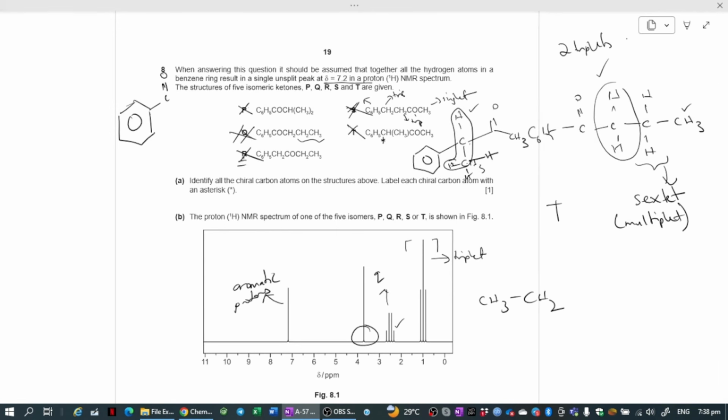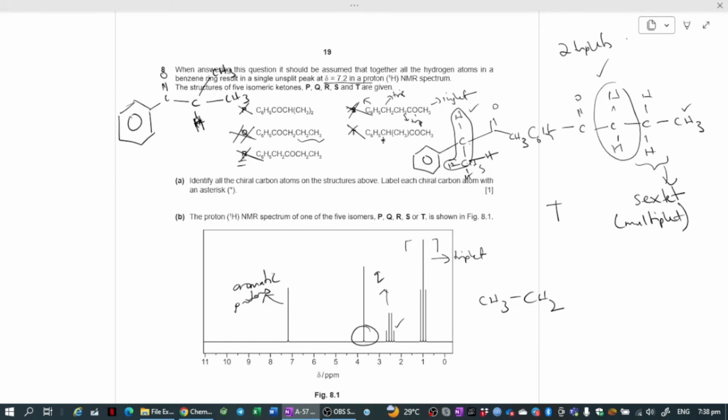Right, this is bonded to C double bond O. This is then bonded to CH, and then this is bonded to a methyl group here and a methyl group here. So what is going to happen? Now, what we should recognize is that these methyl groups are actually equivalent protons, right?